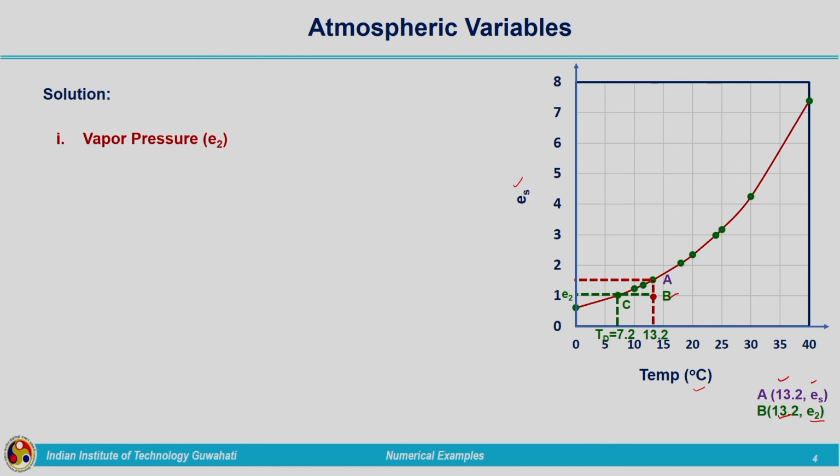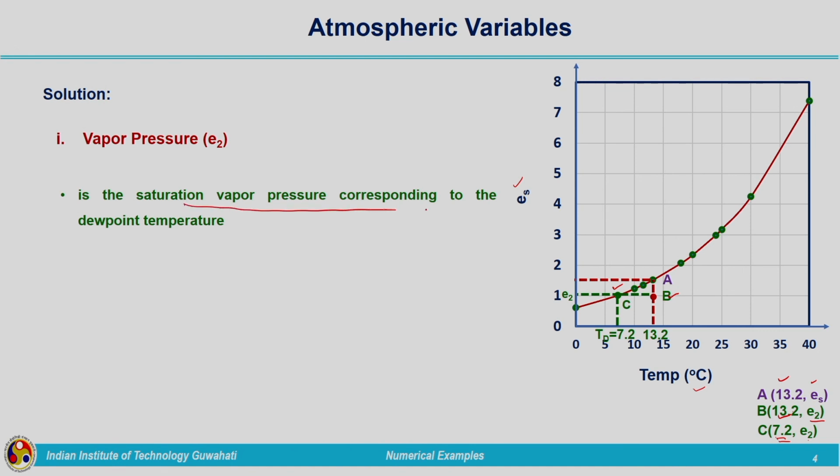We are going to consider this point as C. So, for C we have a temperature 7.2, but the vapor pressure is E2. E2 is saturation vapor pressure corresponding to the temperature 7.2, but corresponding to the temperature 13.2, E2 is simply vapor pressure, it is not at the saturation level. So, E2 is the saturation vapor pressure corresponding to the dew point temperature.